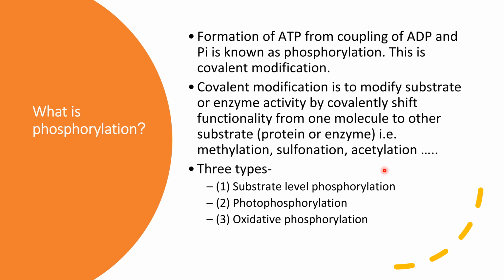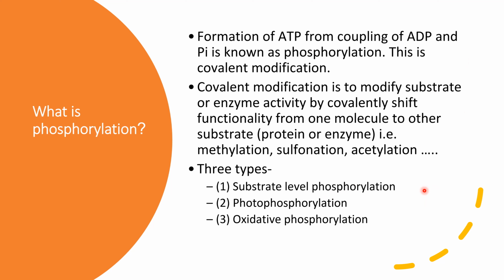Now there are three types of phosphorylation, because nature has manufactured everything so beautifully that if some of the metabolites or intermediates are not there, or if there is not a surplus of oxygen, the metabolic pathways still have to go on and the catabolic activities have to be performed.